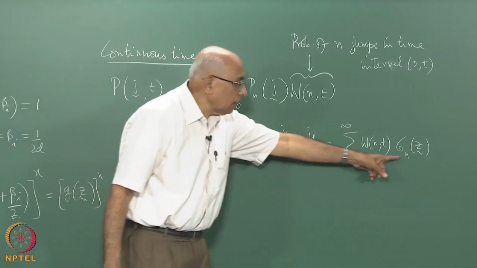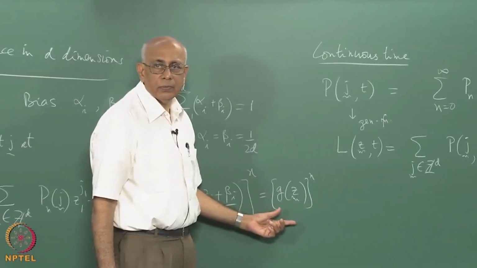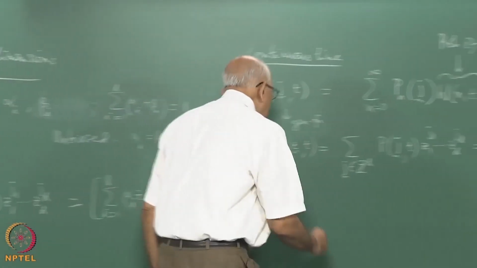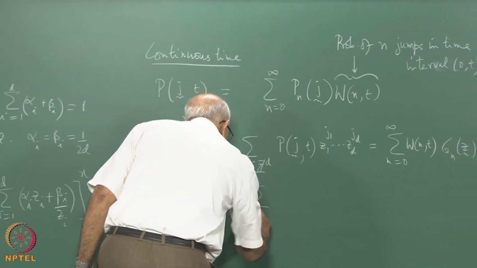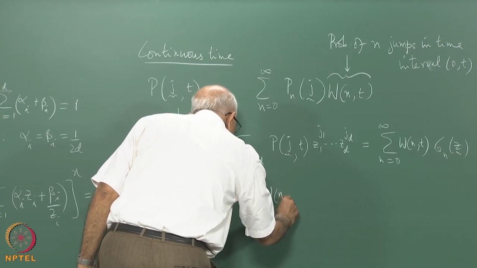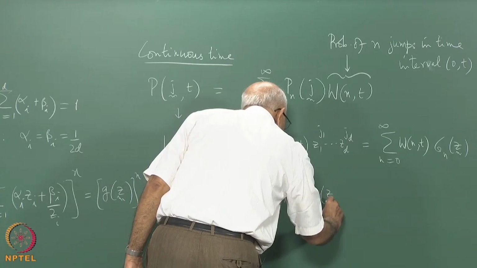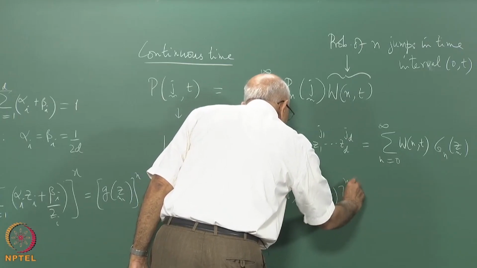But this fellow is already known to me in terms of this characteristic function g of z. So finally I get this is equal to summation n equal to 0 to infinity w of n comma t g of z to the power n.